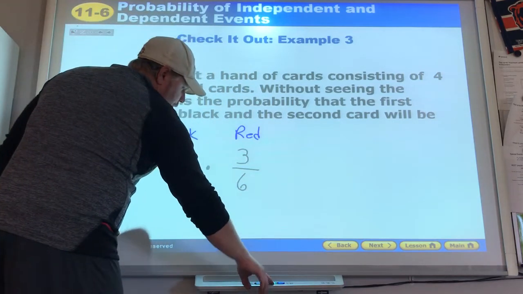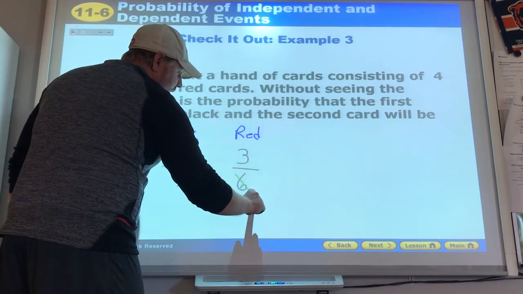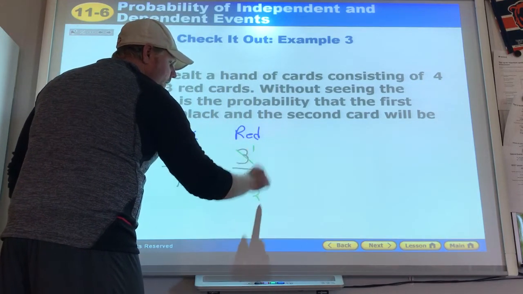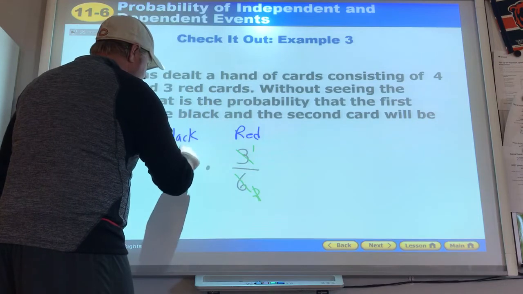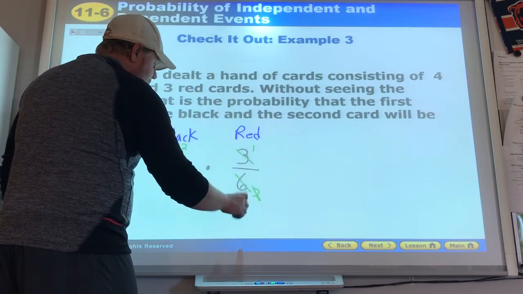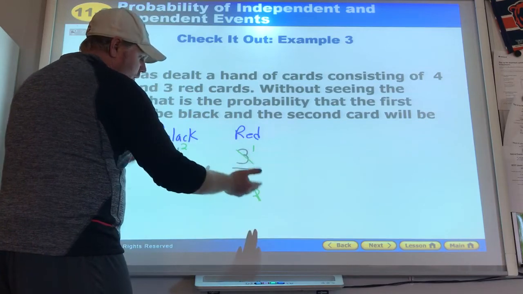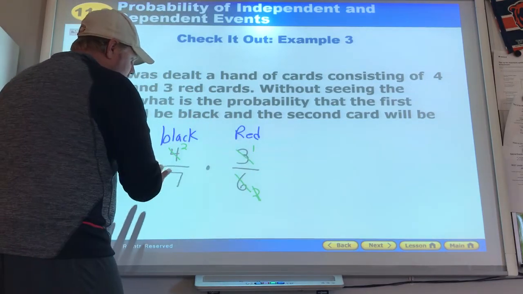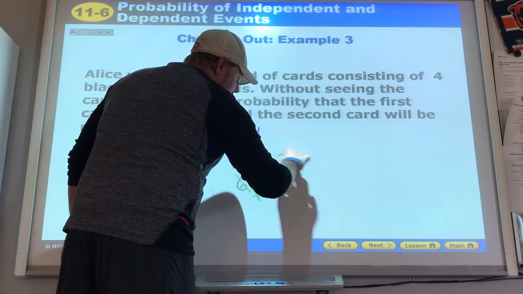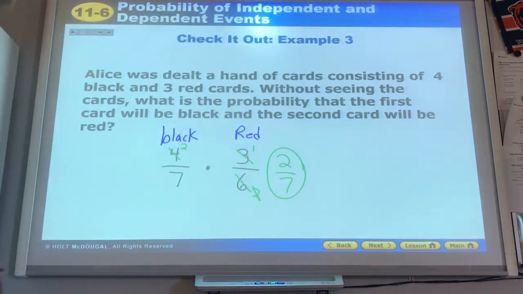I'm going to reduce before I multiply because that makes the problem much easier. Divided by 3 on each side. So that would be 1 over 2. Then I divide it by 2 and 2, as long as both numbers are on top and bottom. All right. So then I get 2 out of 7 as my probability of getting that.